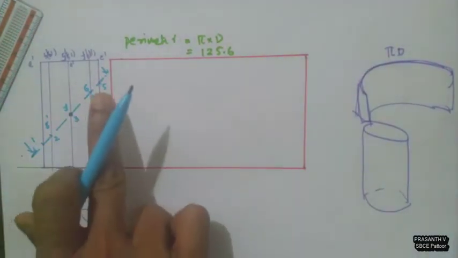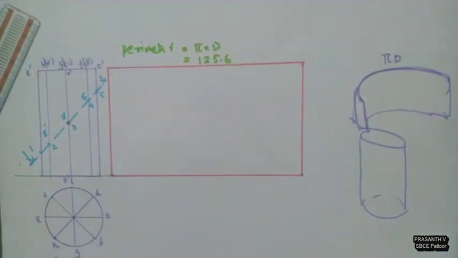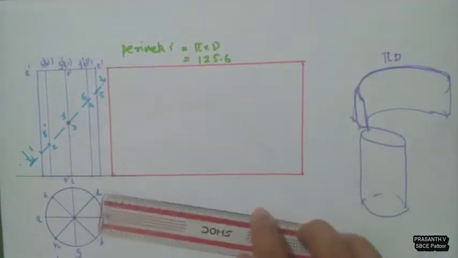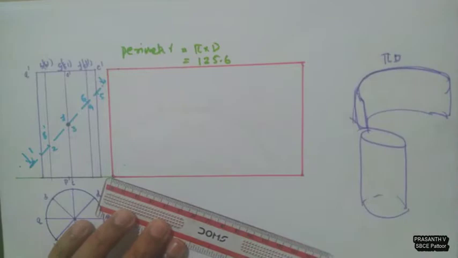For that we have to divide the development into 8 equal parts. To divide the length into 8 equal parts, just follow this method.